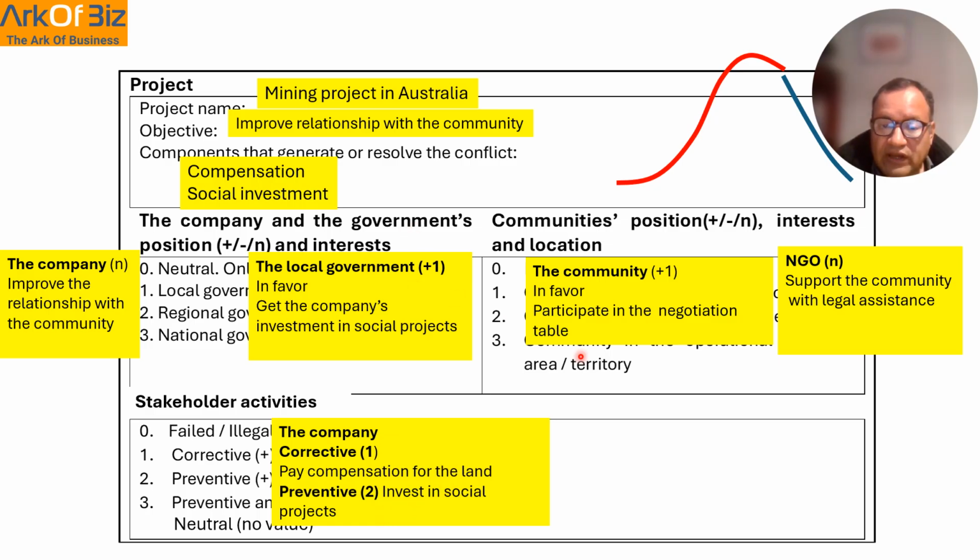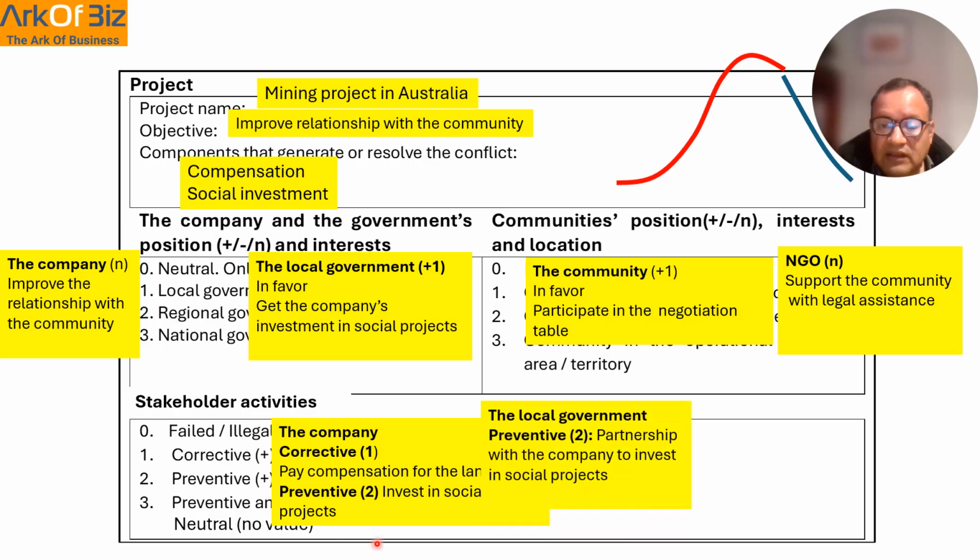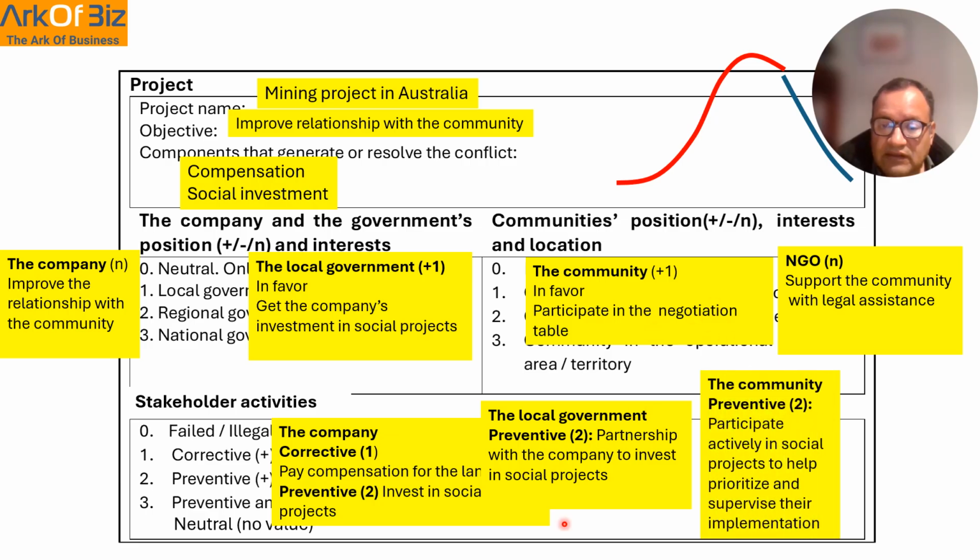Let's go to the local government activities. The local government has also performed preventing activities because it has a partnership with the company to invest in social projects. Let's go to the community's activities. The community's activities also have a value of 2, preventing activities, because the community members participate actively in social projects to help prioritize and supervise their implementation.